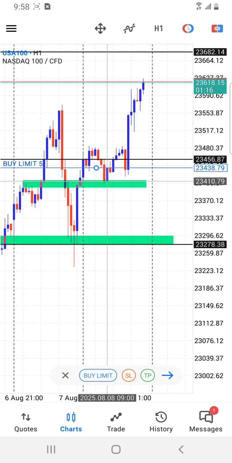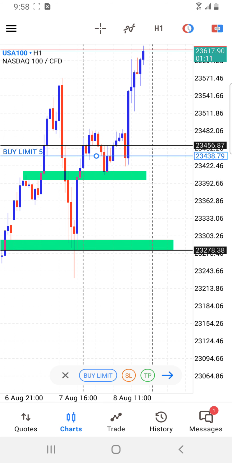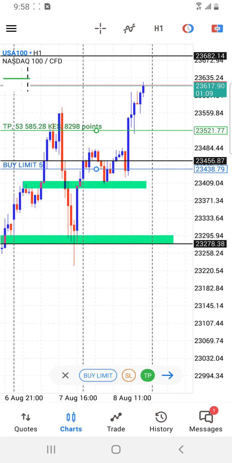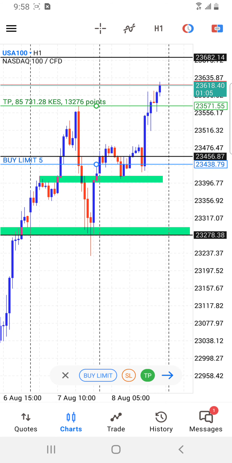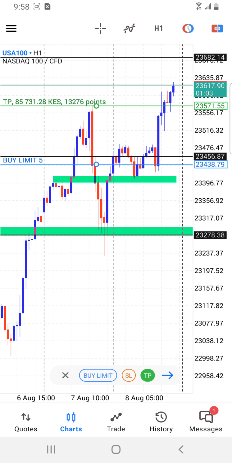the blue candle that was around 9 a.m. in the morning, and then just entered with 5 standard lots, and then my target was at the most recent high, which was giving us a total profit of 85,731 Kenya shillings.